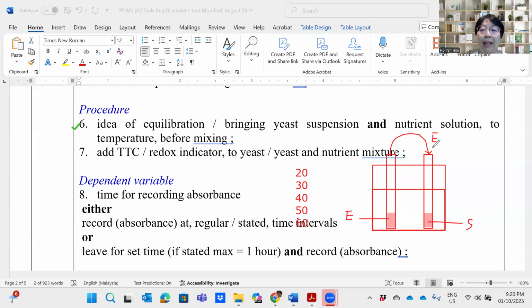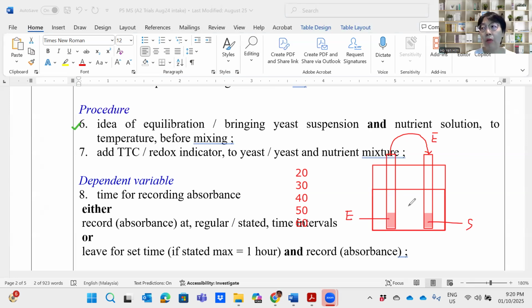Then only you transfer the enzyme to the substrate. Because if you straight away take from room temperature and add them together and put them into the water bath, it will take some time before their temperature is raised to the temperature of the water bath. That means we are creating error in our experiment already. We didn't run the experiment at the temperature that we want to test.